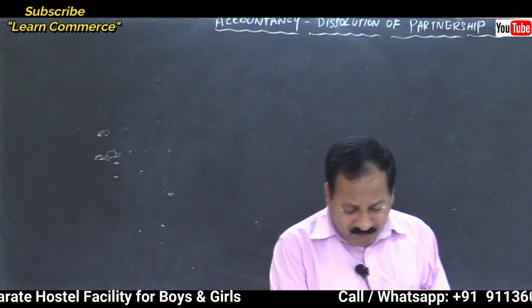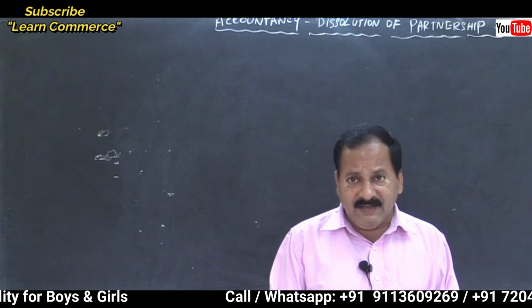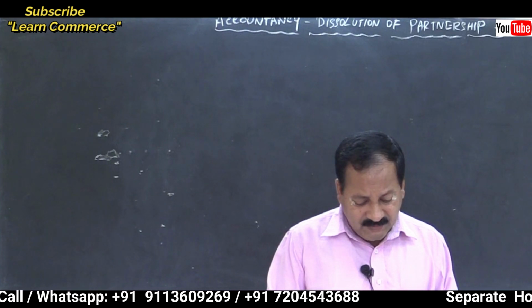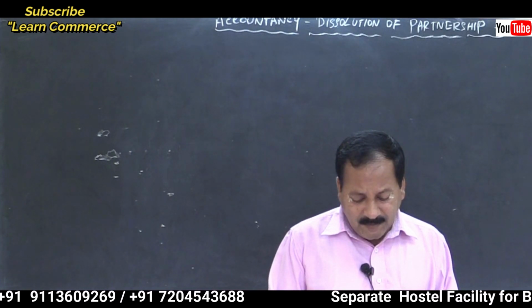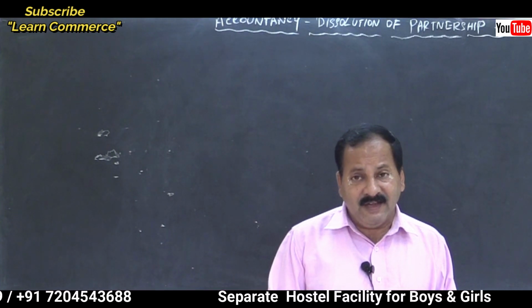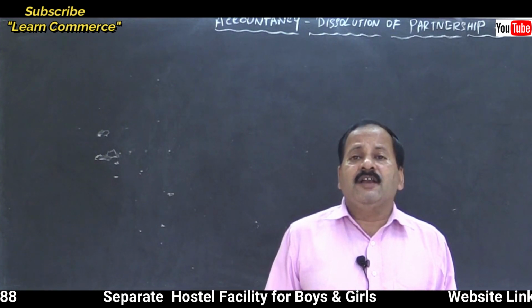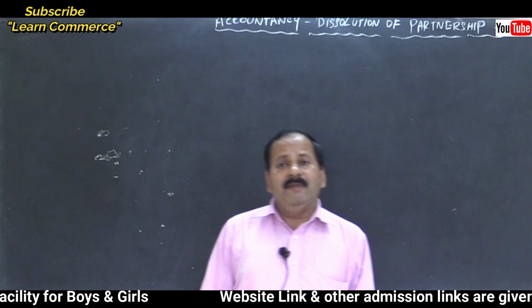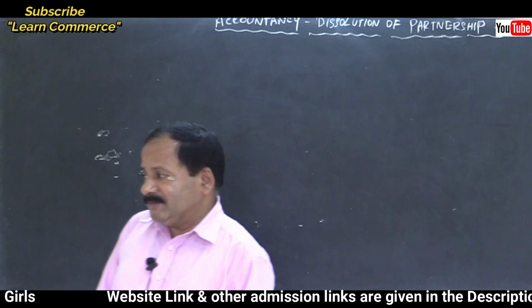Next one is capitals. You know it very well, it is an internal liability again. Akash, Prithvi and Sagar, the capital balances are given. You know it very well that they should be written on the credit side of the partners' capital accounts, by balance brought down, right?